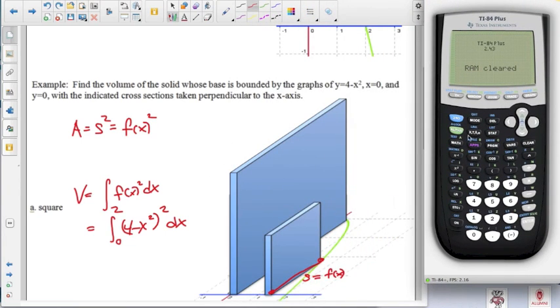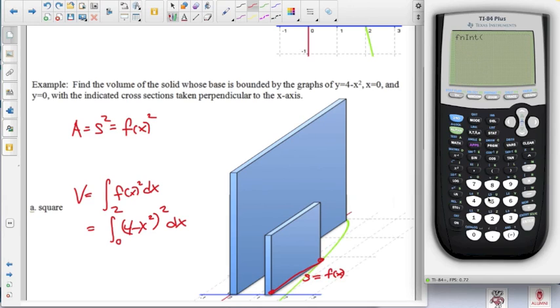I'm actually going to use the y equals function too, so I'm going to go ahead and put 4 minus x squared into y1 and grab that function when I do my fnInt.